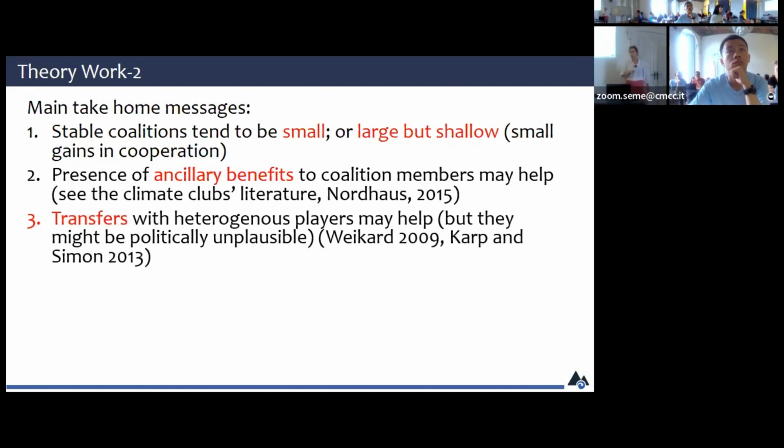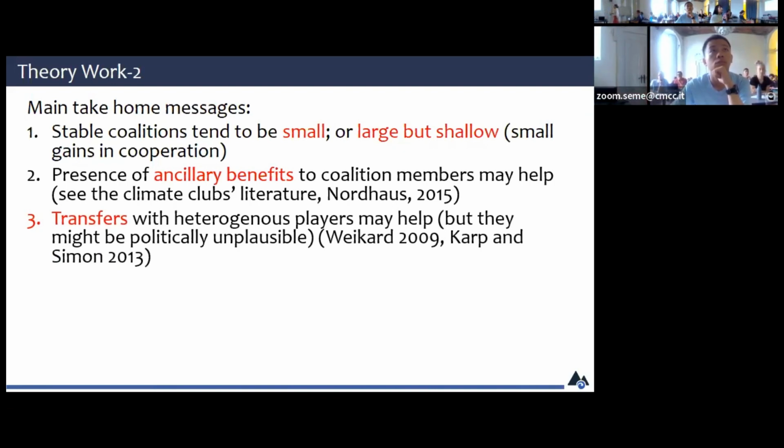And then there are all the transfers. Now, transfers are born only if you include heterogeneity. A few papers have started to include heterogeneity in this very simple theoretical model, meaning heterogeneous damages or heterogeneous mitigation costs, and then they study the transfers within the coalition.